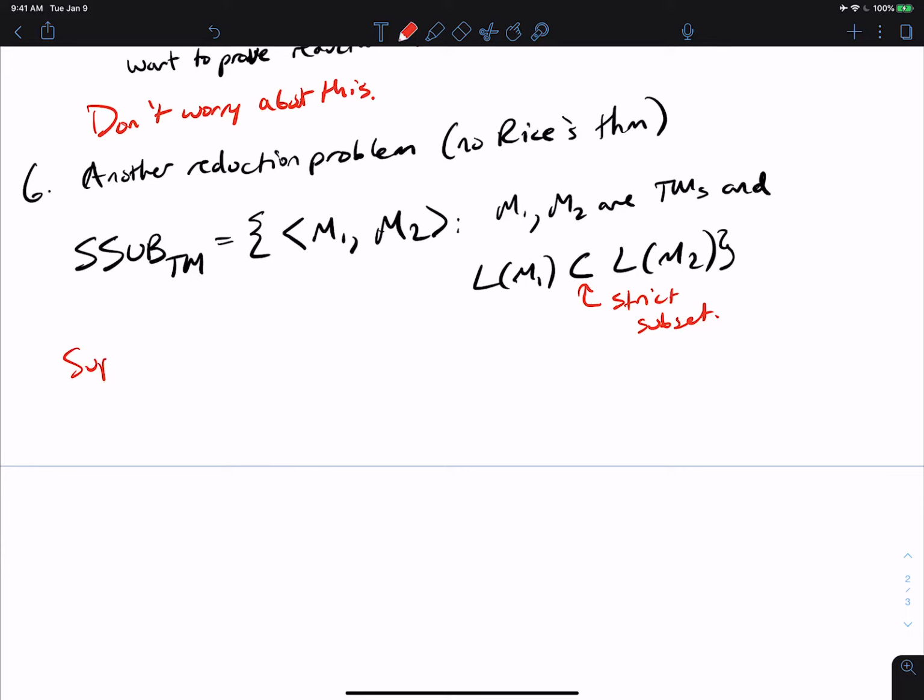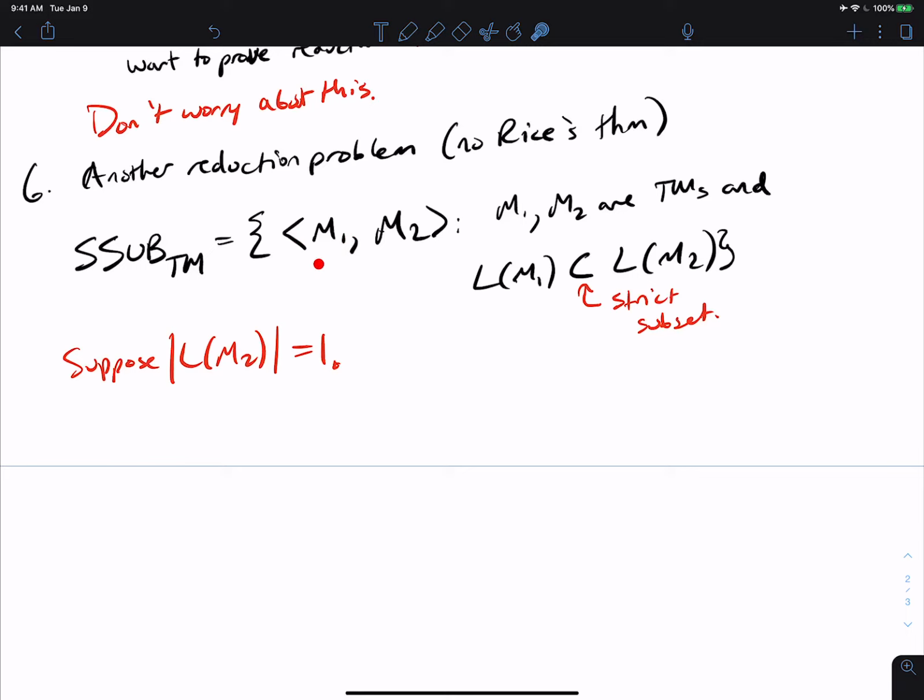Suppose that the language of the second machine in this pair has exactly one string in it. If the language of M1 is a strict subset of this, it must have smaller cardinality. This one accepts one string, so M1 accepts exactly 0 strings, which means it's empty.